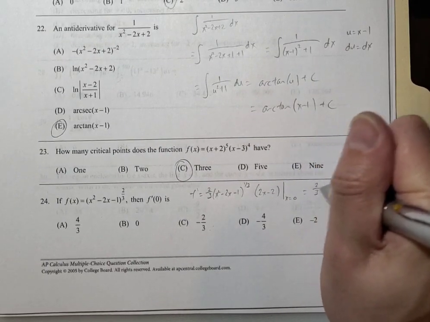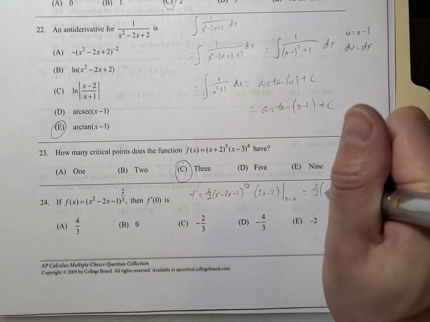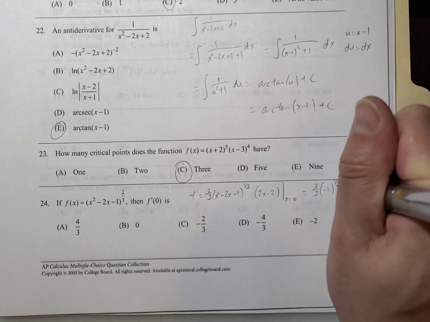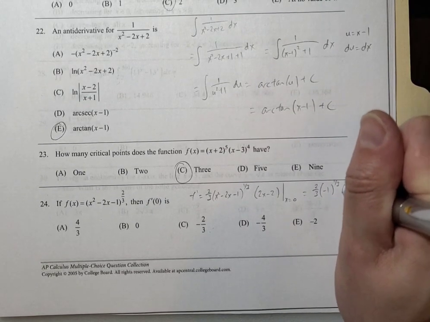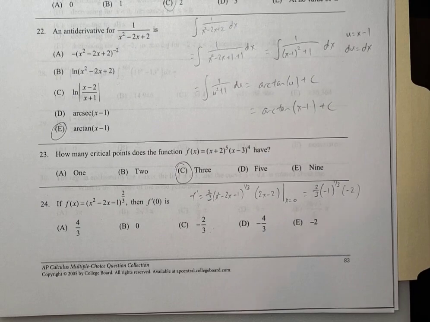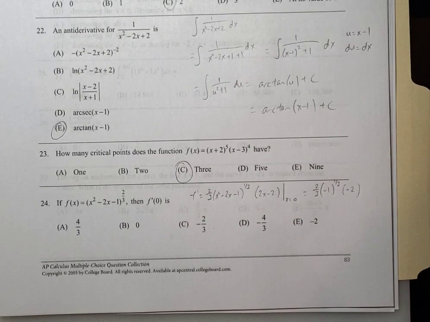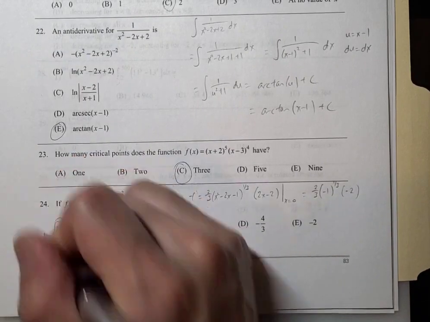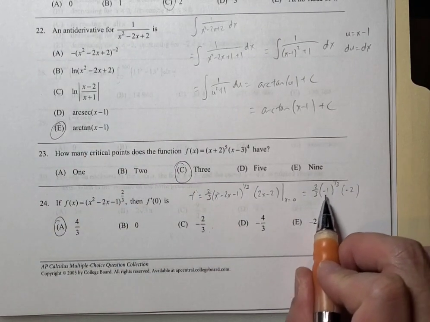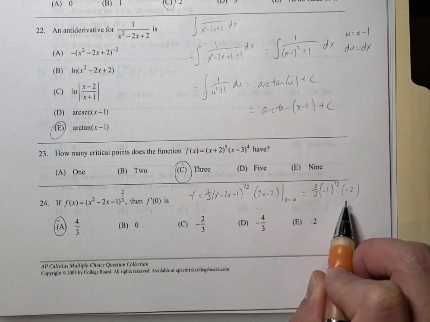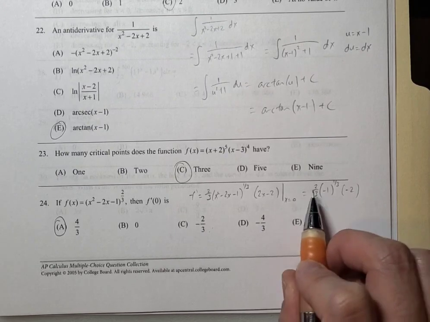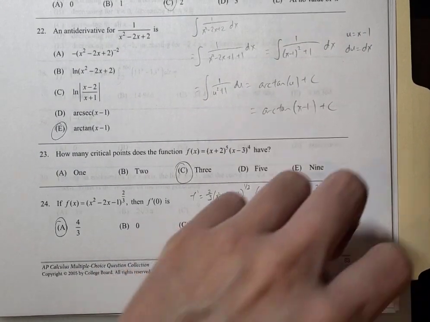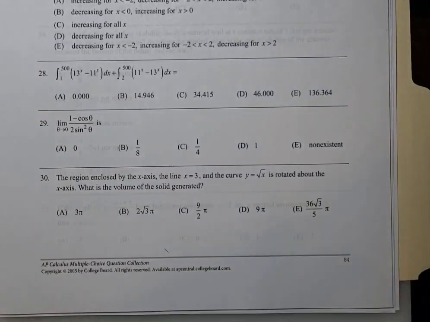We get 2/3 times (minus 1) to the 1/3 power times minus 2. Okay, so we should get 4/3, because this would be -1. -1 times -2 would be +2. +2 times 2/3 is 4/3.